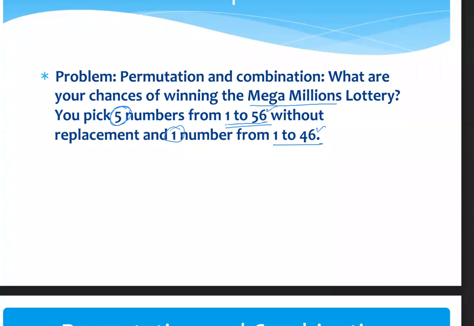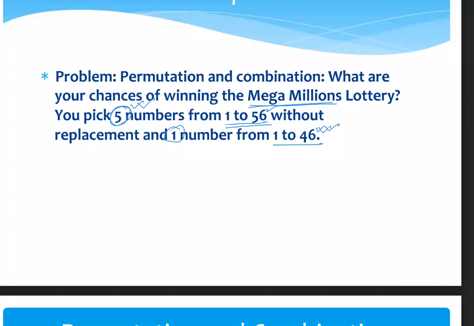The 1 number that you select from the 46 different numbers is called the mega number. And the other 5 numbers are regular numbers. So for you to win the Mega Millions, you have to match the 5 numbers as well as the mega number. Then you win the entire amount. That's how it works.